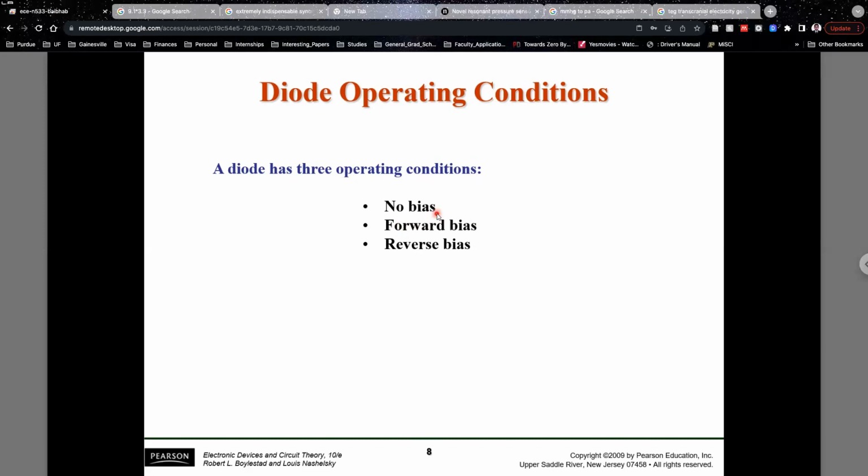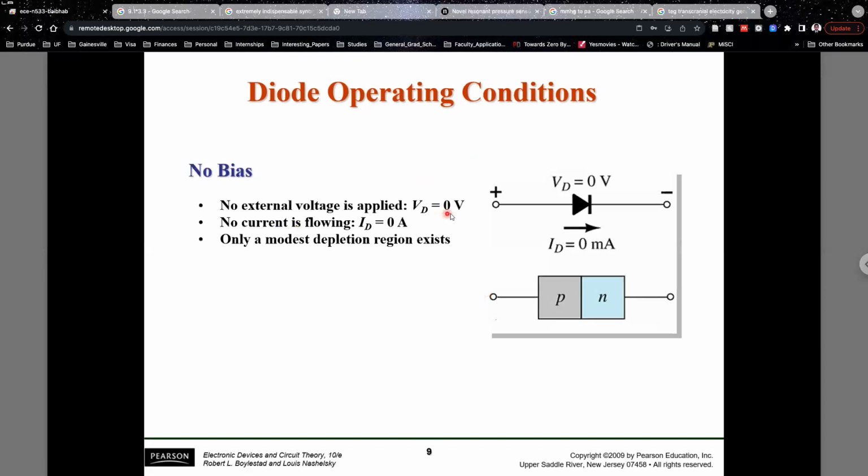So what does it do in the atomic structure when you have no bias connected to it? Let's say you just have this diode and you are not applying any voltage across it. You just have the P-type and N-type semiconductors sitting beside each other, but you do not apply any voltage across the structure. So your diode voltage is 0 volts, and the current that flows through the diode is also 0, right?